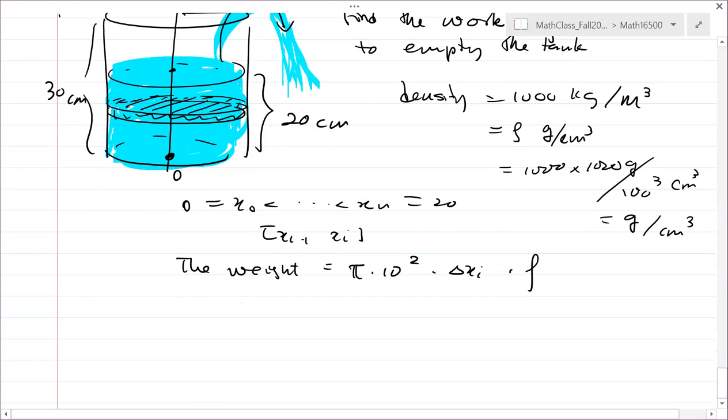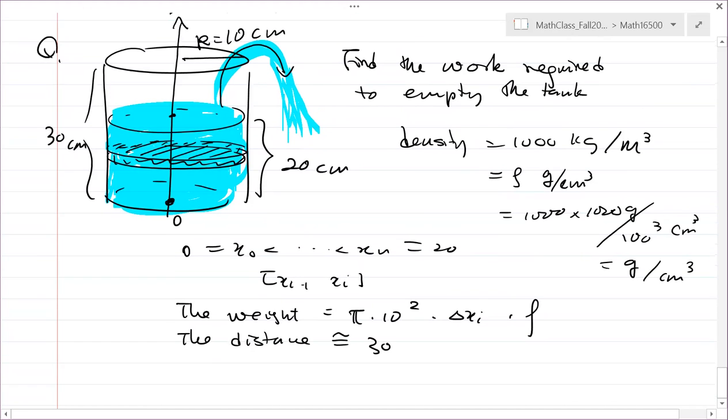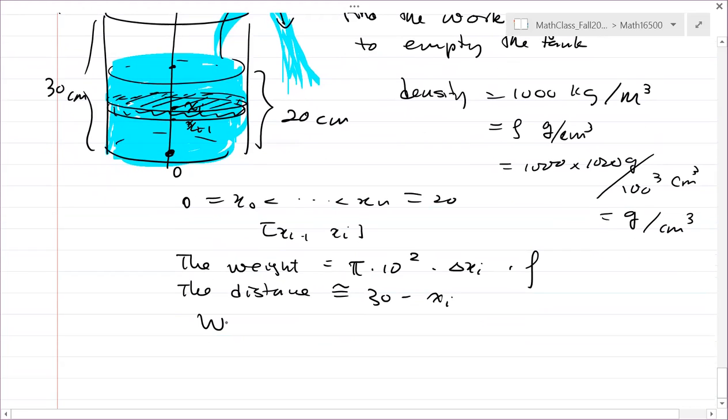It doesn't matter what liquid you use. Then the distance it travels is going to be, to the top, 30 minus xi, because this point is xi minus 1. Then wi is the product of those two numbers.